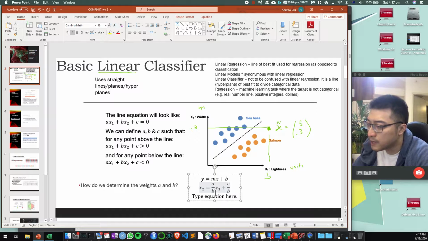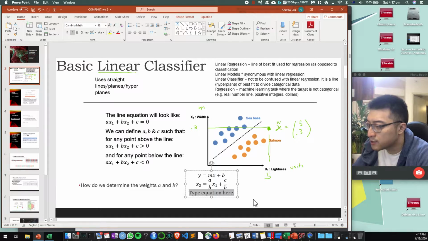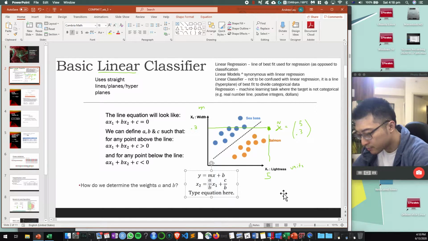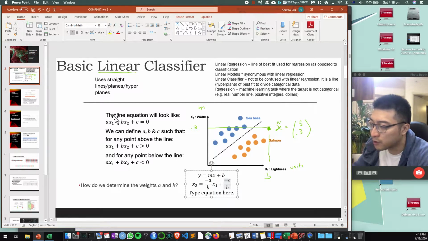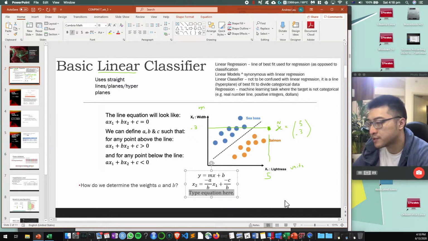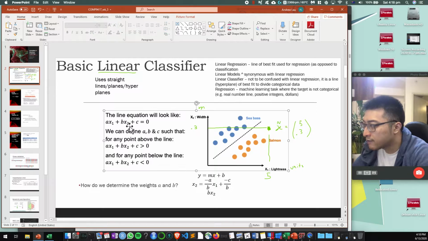So maybe something more like this, and then the a on b is the gradient, right? Perhaps I should make this negative. I'm just playing around with the algebra here, trying to draw a link between this general form and your y equals mx plus b form. If you rearrange this, multiply by b, and move everything around, you'd have that.